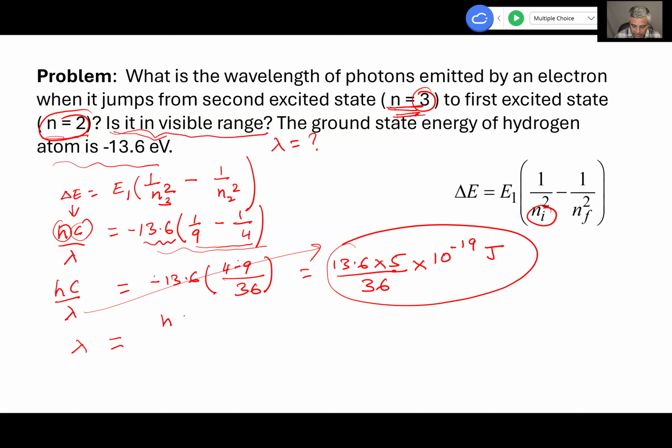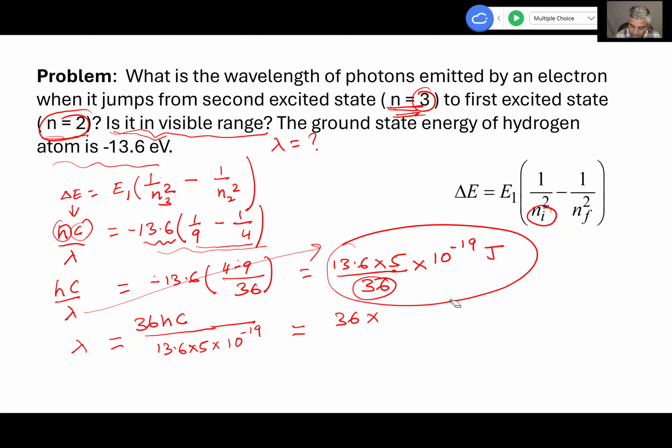So I'm writing hc, and then this number here, 13.6 times 5, and since this 36 is a fraction of a fraction, I can just write that all the way there, and this 10 to the power negative 19 is going to be in the bottom. That's going to be the wavelength. Let's see how far we can go.